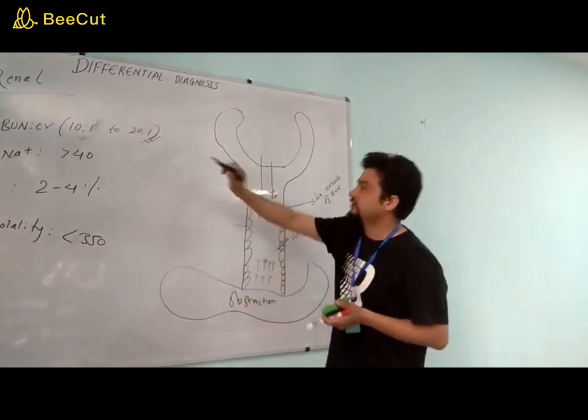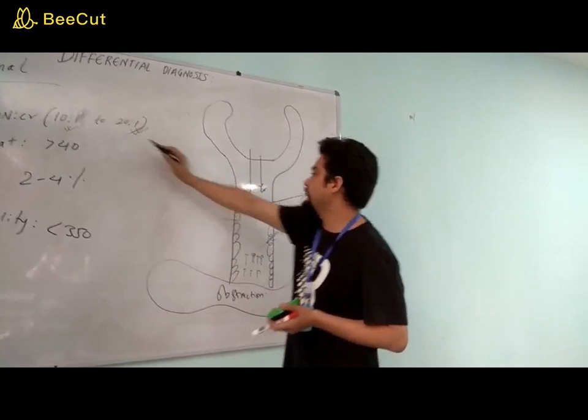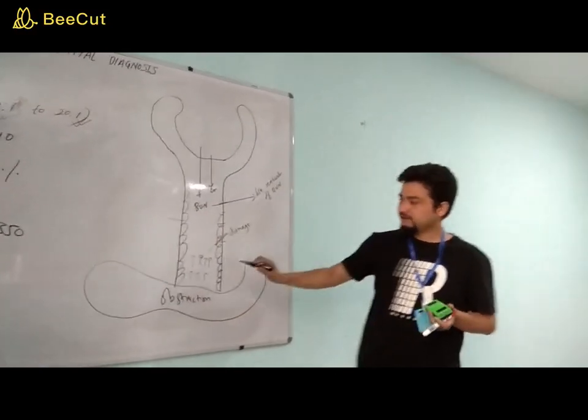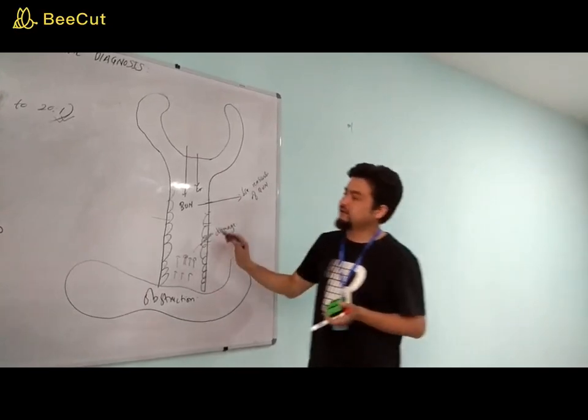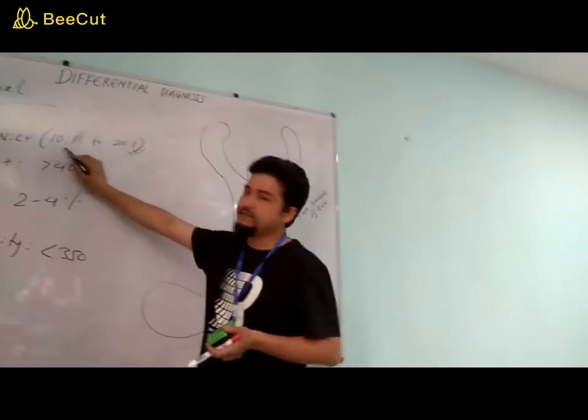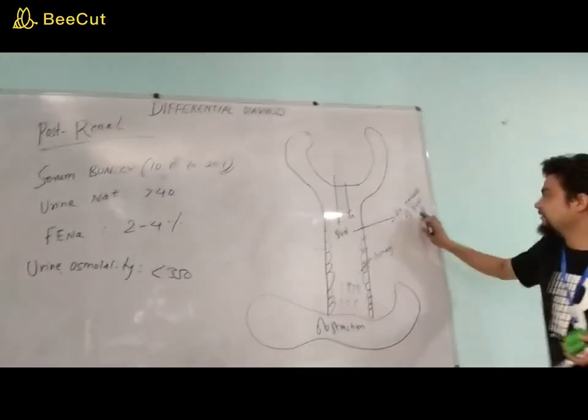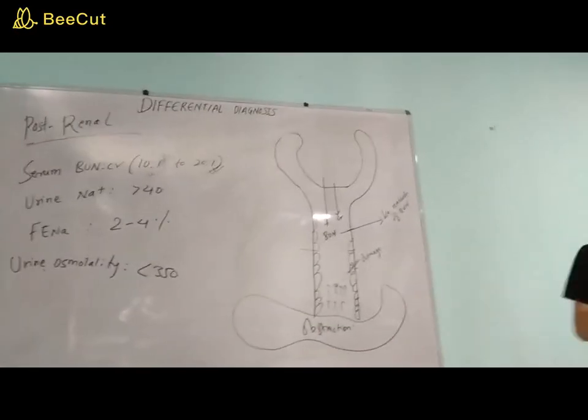Initially the ratio is toward the upper end of the reference value because absorption is more. Later, due to continuous backflow, the renal tubular cells may get damaged, and the ratio shifts toward 10:1 because BUN absorption decreases at a later stage.